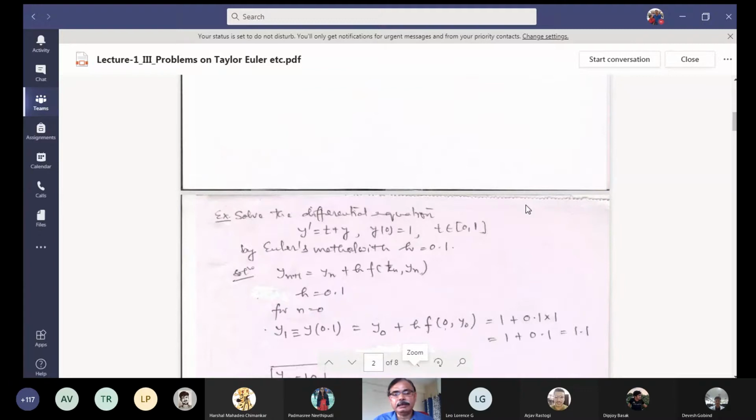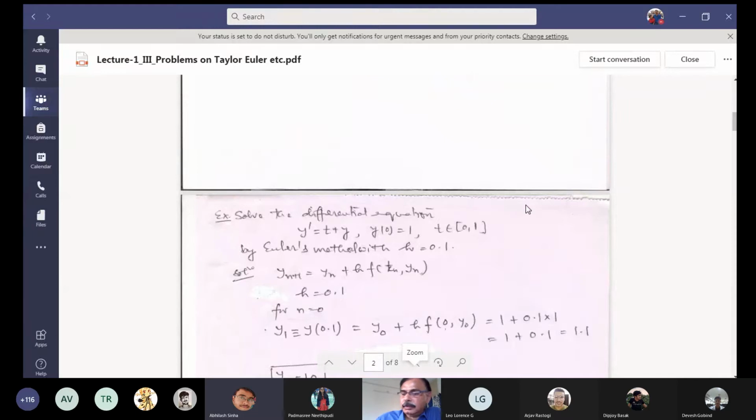So solve this differential equation by Euler's method with step size h equal to 0.1. Have you written that? Everybody has written this problem? Shall I move?